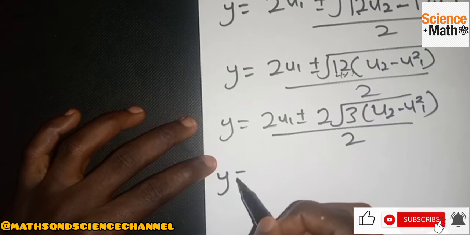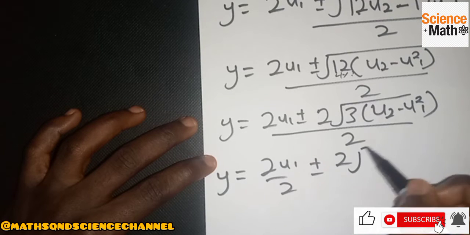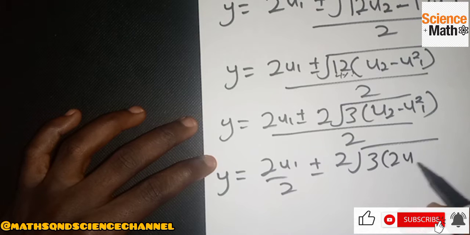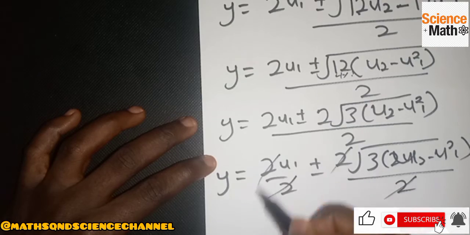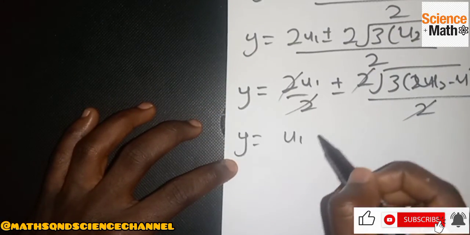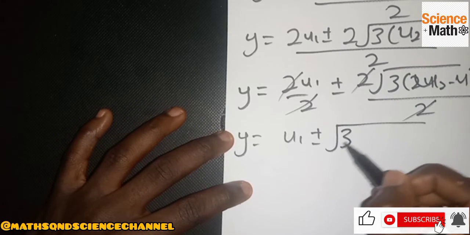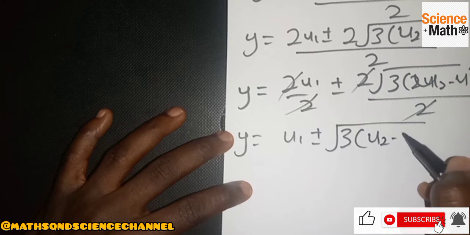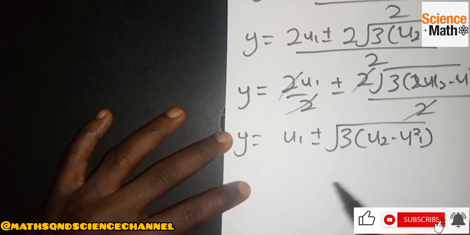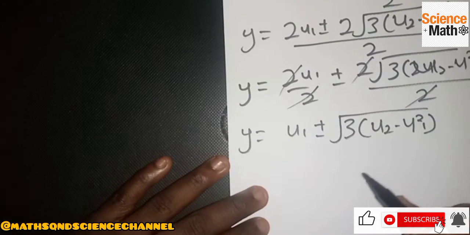So from here we have u1 divided by 2 plus or minus 2 here, root 3, u2 minus u1 squared divided by 2. 2 cancels that, 2 cancels that, and then from here we have y being equal to u1 plus or minus root 3 into bracket u2 minus u1 squared. So yeah, that will be y.